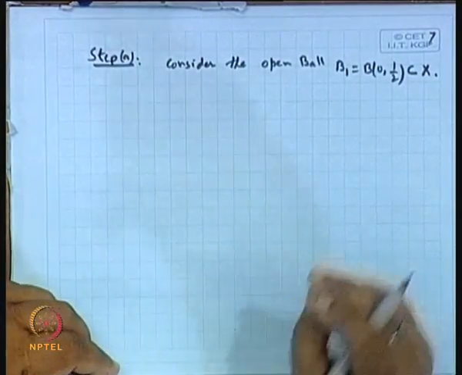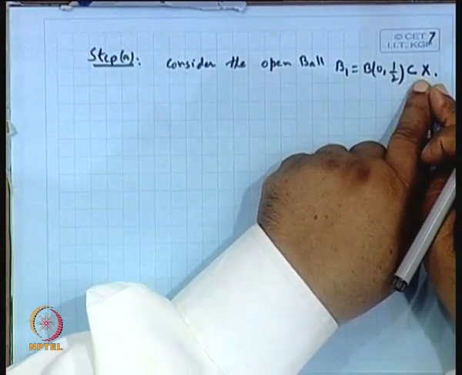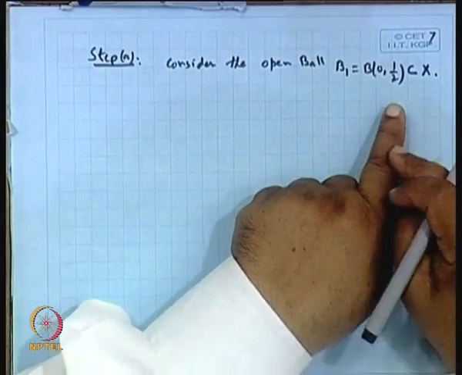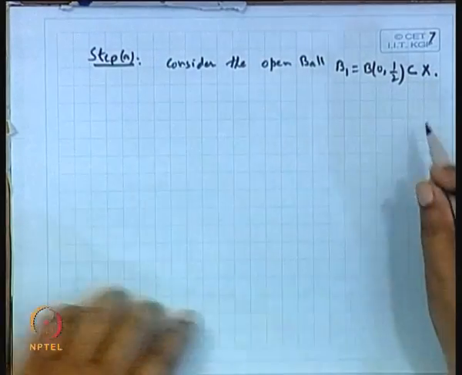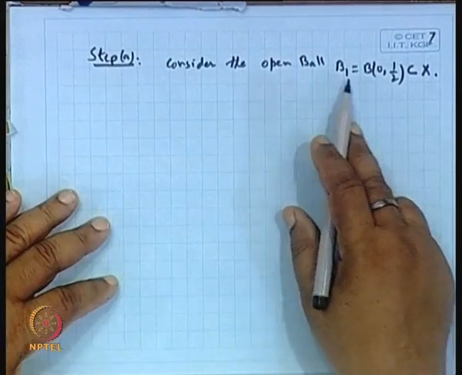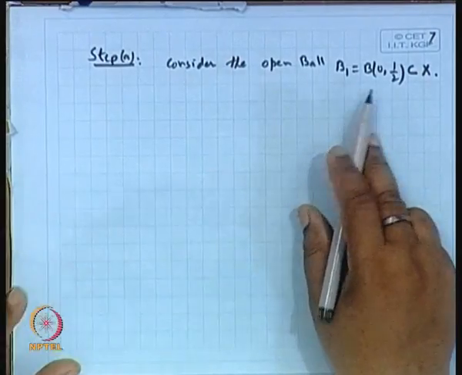Now, if we pick any point x here, then with a suitable scalar k, one can find that x belongs to k B1 for a suitable k.